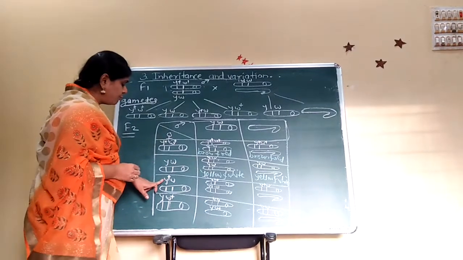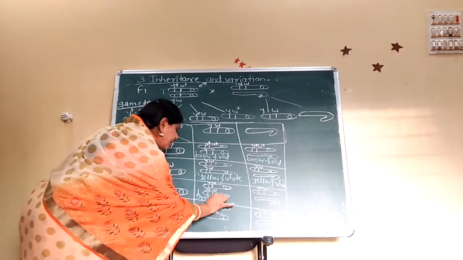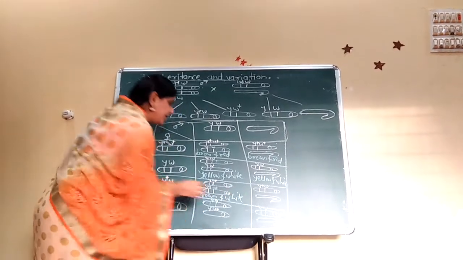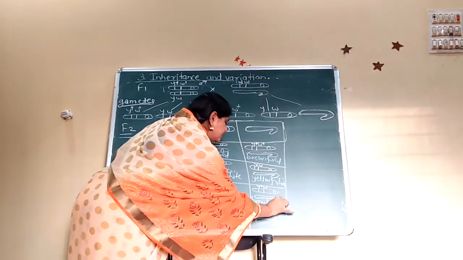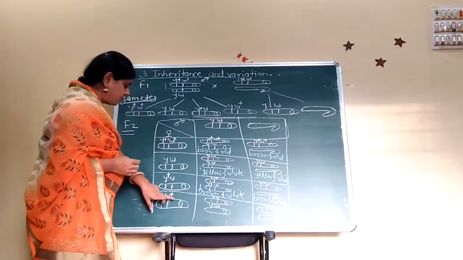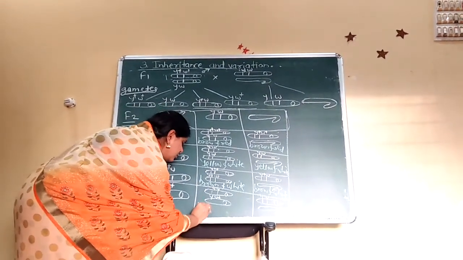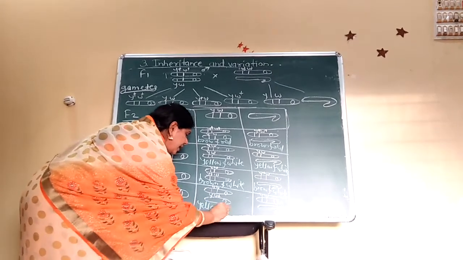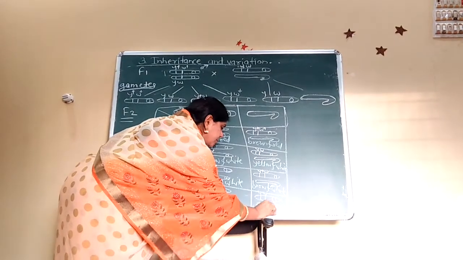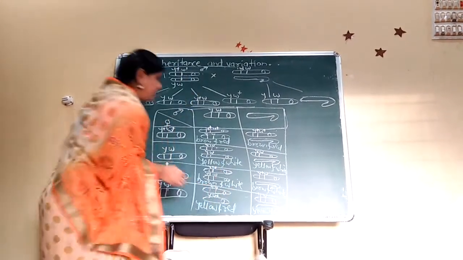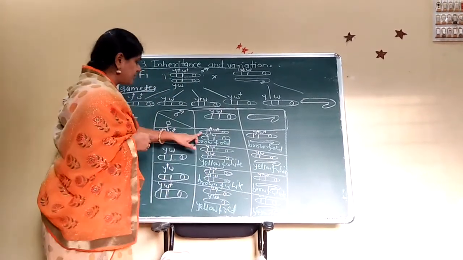But here one is dominant, that is the brown and white. Here also one dominant, brown and white. Here one dominant, that is the red, that is yellow and red. This is also yellow and red here.